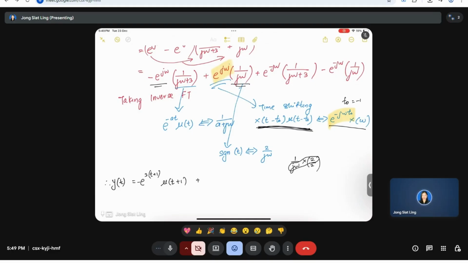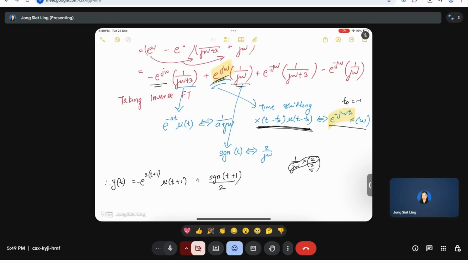Okay, so for example, sgn(t), and then you have left the 2 here, the remaining 2. Okay, then don't forget you have the exponent power of jt. So again, it's the same thing. Exponent power of jt is a shifting of t naught equal to negative 1. So you will get t plus 1. So here is t plus 1.